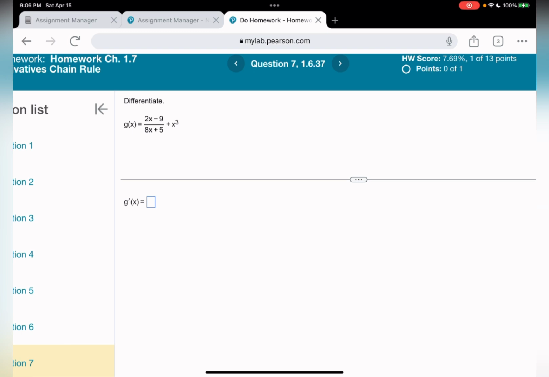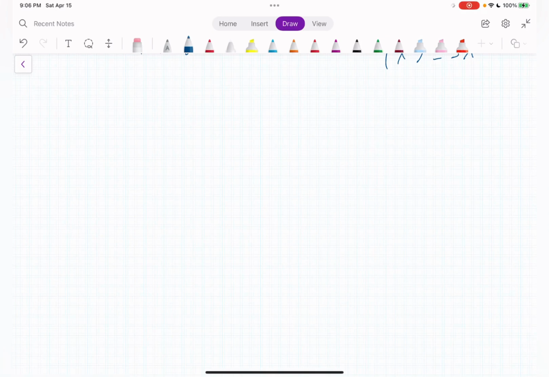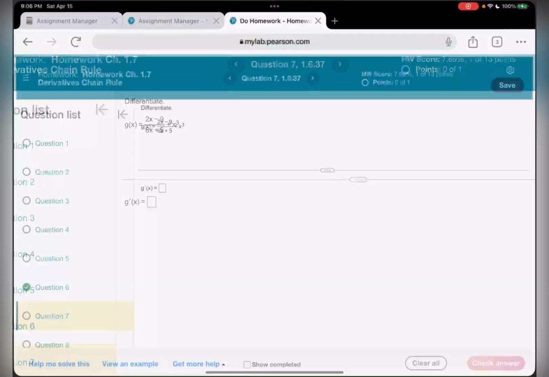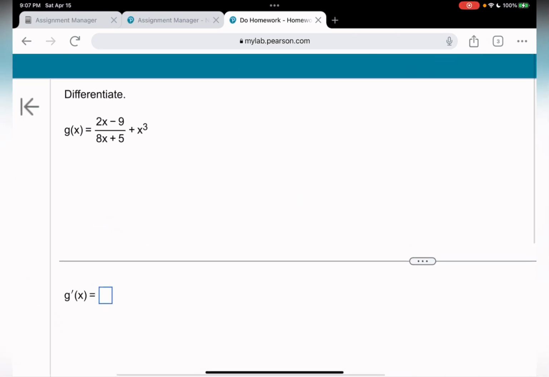So we have 2x minus 9 over 8x plus 5, and plus x cubed. Okay, double check: 2x minus 9 over 8x plus 5 plus x cubed. Let's fly over and solve it real quick.